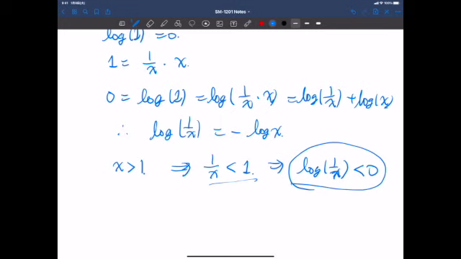Okay, and we know that as x increases to positive infinity, then log of x can be arbitrarily large. So it can be very large. So this means log of 1 over x can be very large negative values.